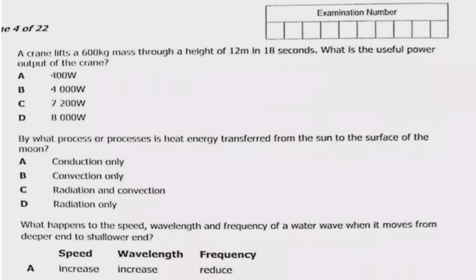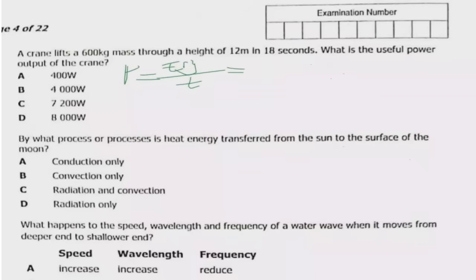So to find the power of the crane, we're going to use this formula: power is equal to energy over time. In this case, we are talking about potential energy. So how do we find potential energy?